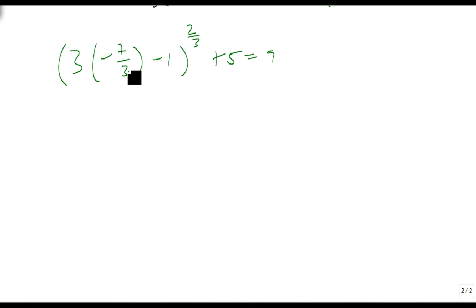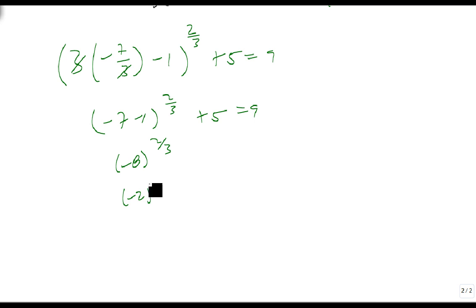Well, 3 times minus 7/3 is minus 7, so we get minus 7 minus 1 to the 2/3, which is minus 8 to the 2/3, which is minus 2 squared. Negative 2 squared is positive 4, and positive 4 plus 5, sure enough, is 9. So we get 9 equals 9, and we have found that our answer is both 3 and negative 7/3.